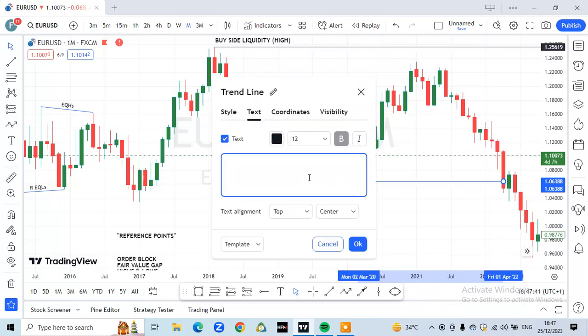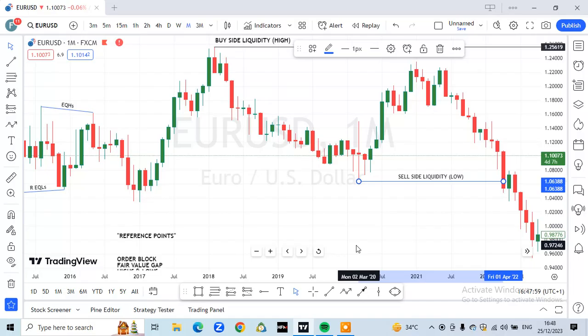If that is buy side liquidity, this one that is below, what will it be? Sell side liquidity, also known as a low. If they were two and they were relatively equal, you can call it relative equal lows. Do we get this? Yes.